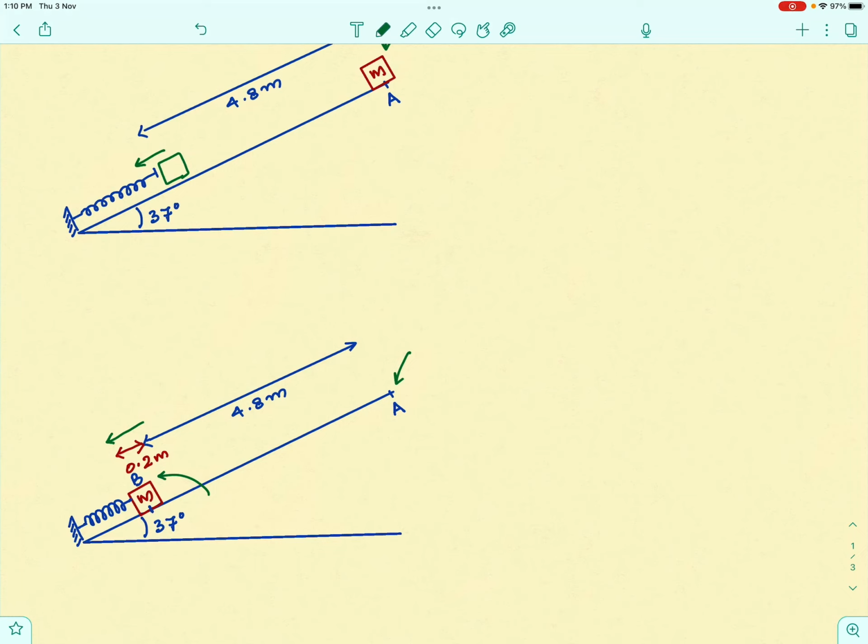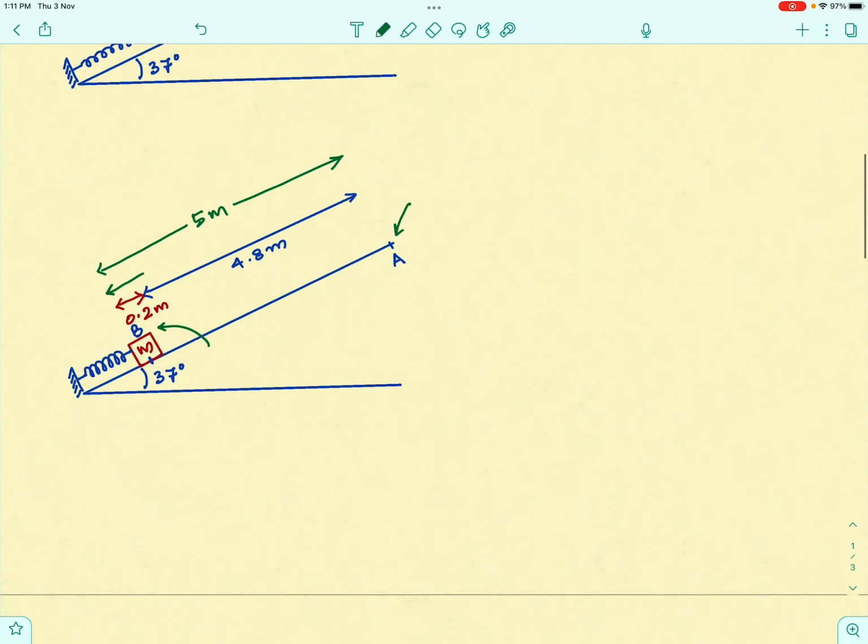So, this will be the total movement of the block along the inclined plane, and 0.2 meters here will also be the compression suffered by the spring at the bottommost point of the block. So, the total distance moved by the block in moving down will be 5 meters, 4.8 plus 0.2.